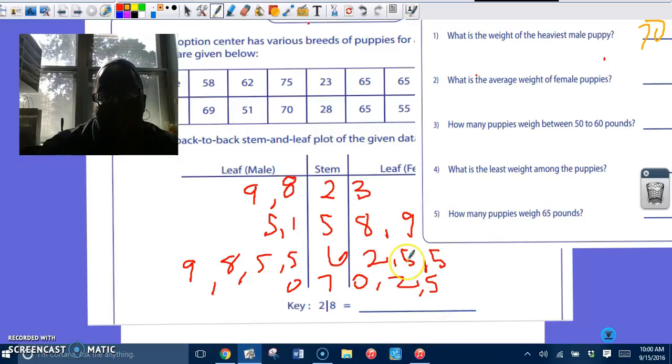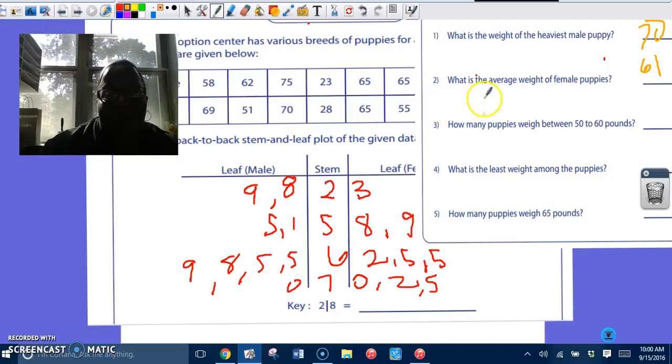Add them all up and then divide by how many leaves you see. 1, 2, 3, 4, 5, 6, 7, 8, 9. So add up all the female leaves and stems and divide it by how many numbers we have, which was 9. And if you do so, you should get 61.